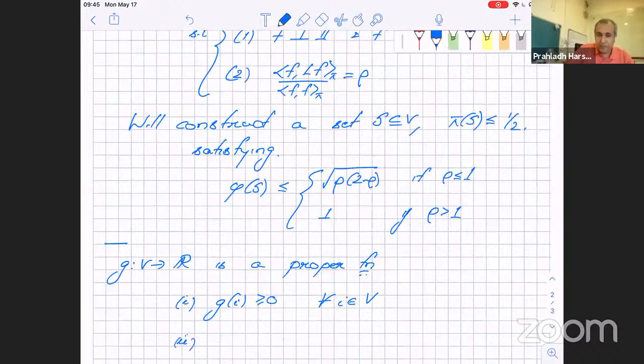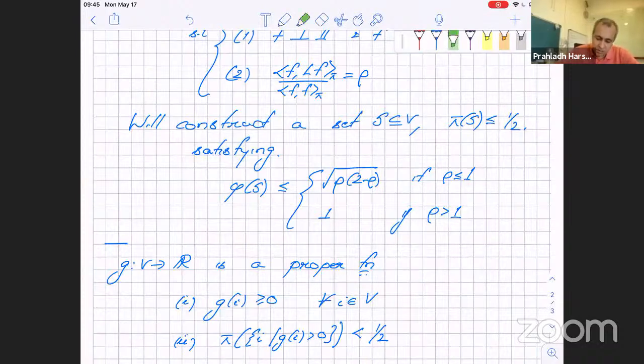And furthermore, the amount of weight it puts on the positive entries is not too large: pi of the set of i such that g of i is greater than 0 is less than half. So more than half the vertices, it actually puts a 0 value. This is what we had defined to be what we called proper.